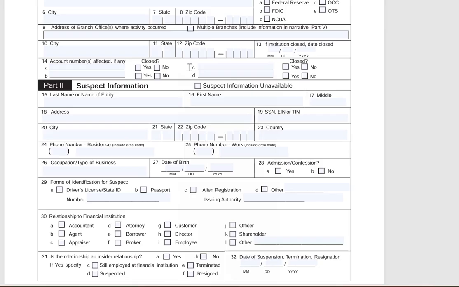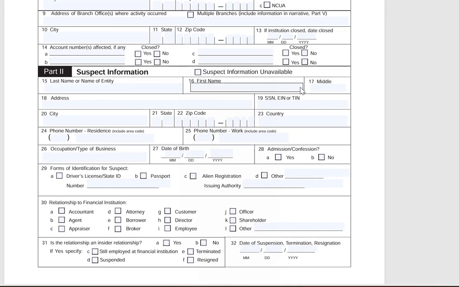And then they write down the suspect's information: who did it, who they think it is, behind the suspicious activity. Again they mention last name or entity name, first name, middle name, address, and government ID, SSN, EIN or TIN number, or the PAN number, or the Aadhaar number if it is in India.